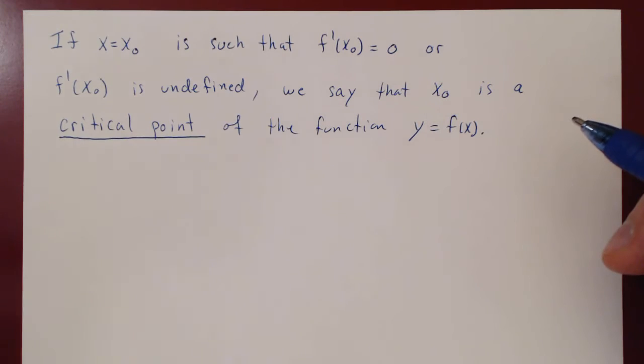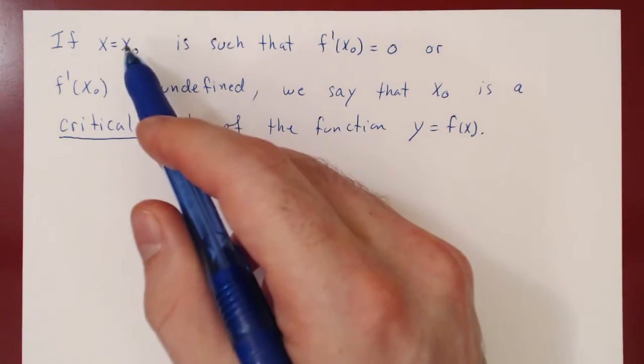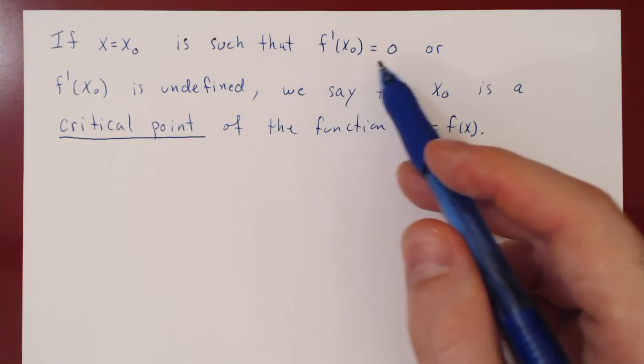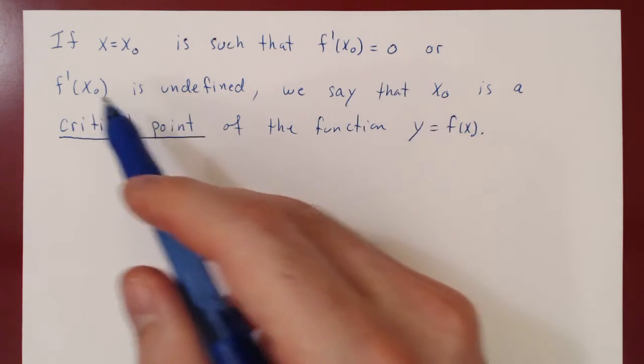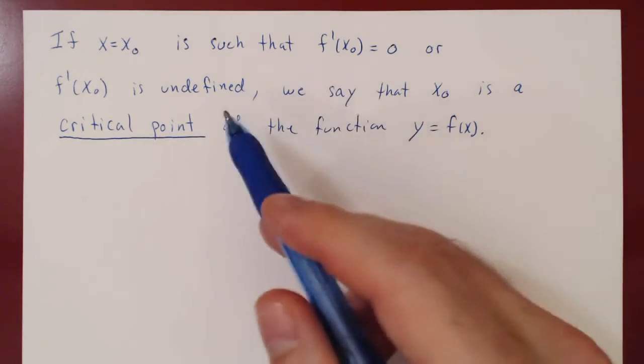As long as the derivative is negative, the graph is decreasing, nothing will change. The only way to observe a change from increasing to decreasing or from decreasing to increasing is if you find a point, a value of x, where the derivative is either 0 or maybe undefined. And those values are really, really important.